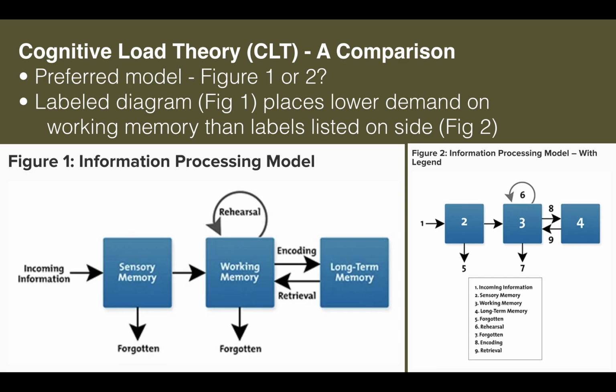For the one on the left, all the labels are embedded directly close to the various parts of this model. On the right, you have to check the number on the top with the numbers on the bottom to see what it's referring to. So again, figure 1 has less cognitive load demands, figure 2 greater.